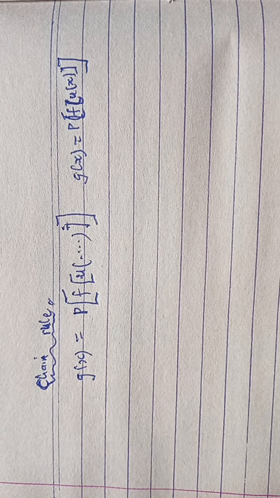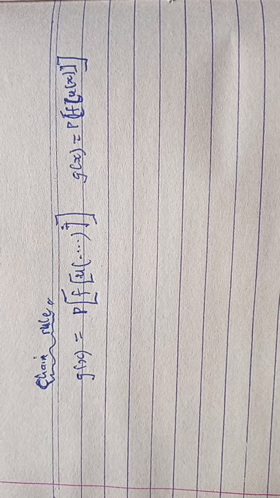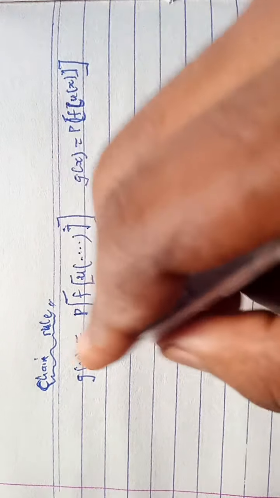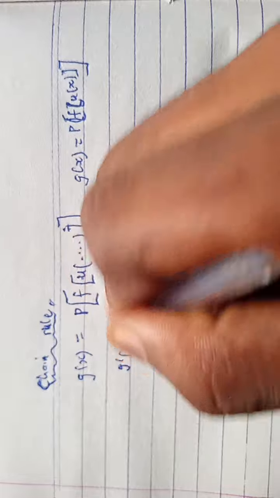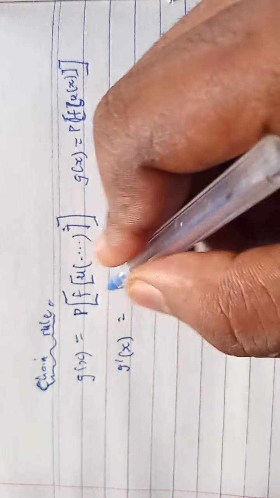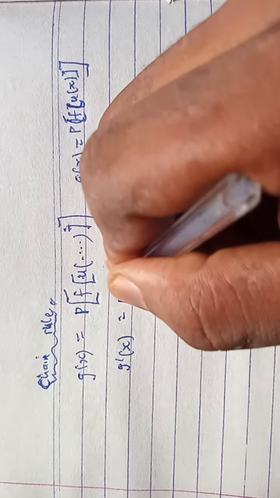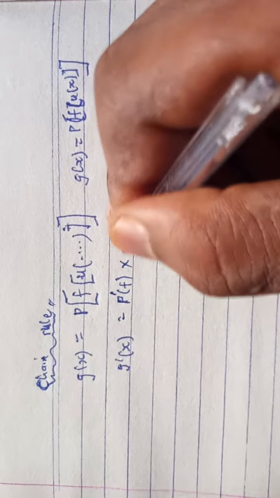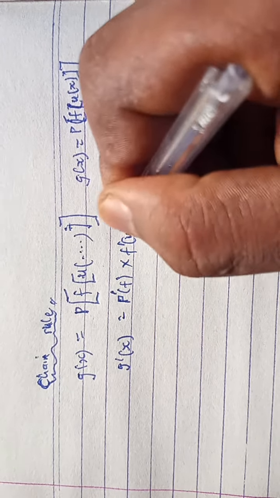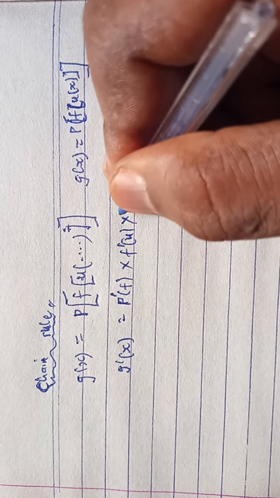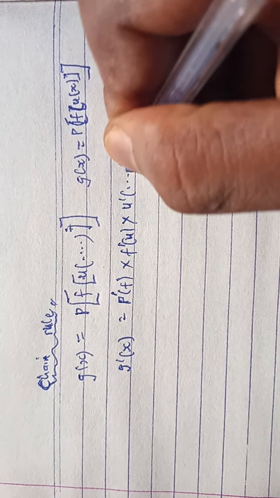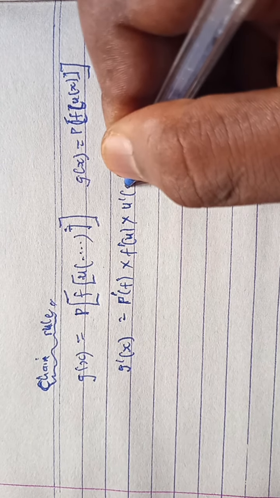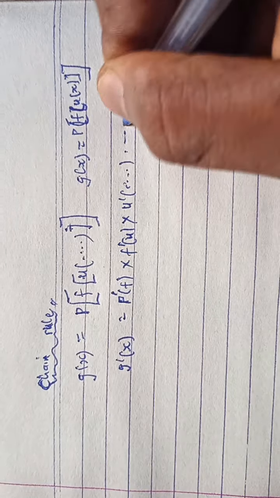Now the chain rule, when you are to differentiate, is given by g prime of x equals p prime of f multiplying by f prime of u multiplying by u prime of, continuing, u prime of the letter that will come, then dot dot dot in that order.